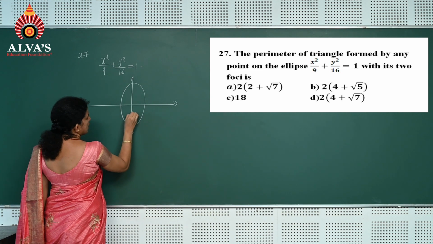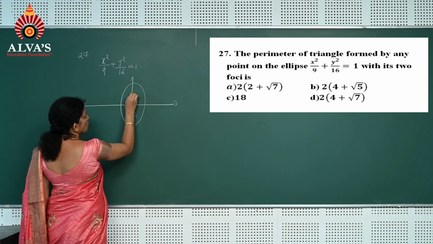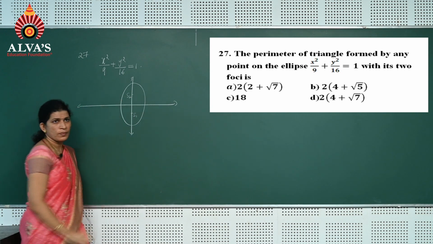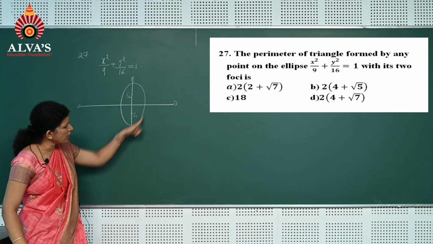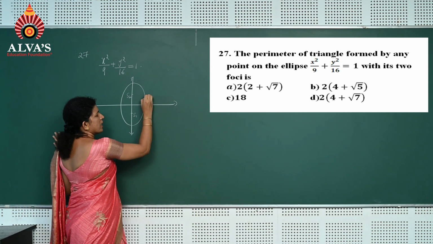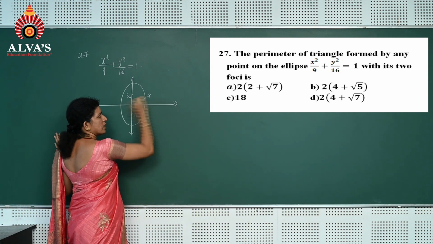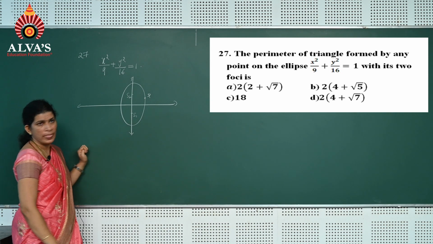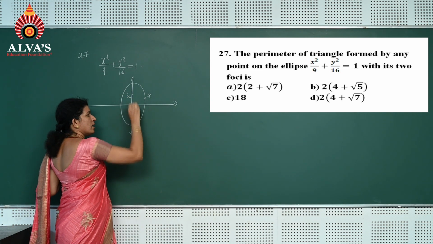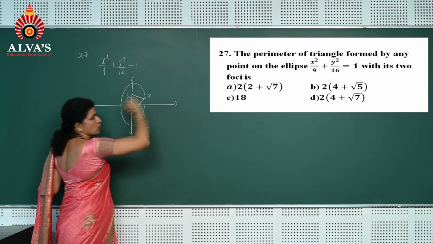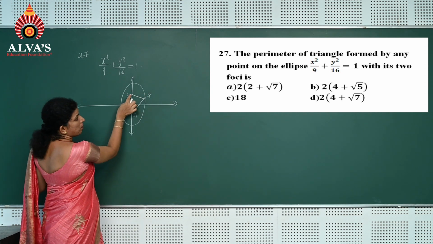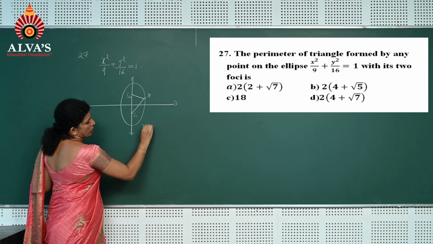Take S1 and S2 as the foci. Then the perimeter of the triangle formed by any point on the ellipse. Take any point on the ellipse, I am taking P as the point. Then the triangle is S1, P, S2. We want the perimeter of the triangle.